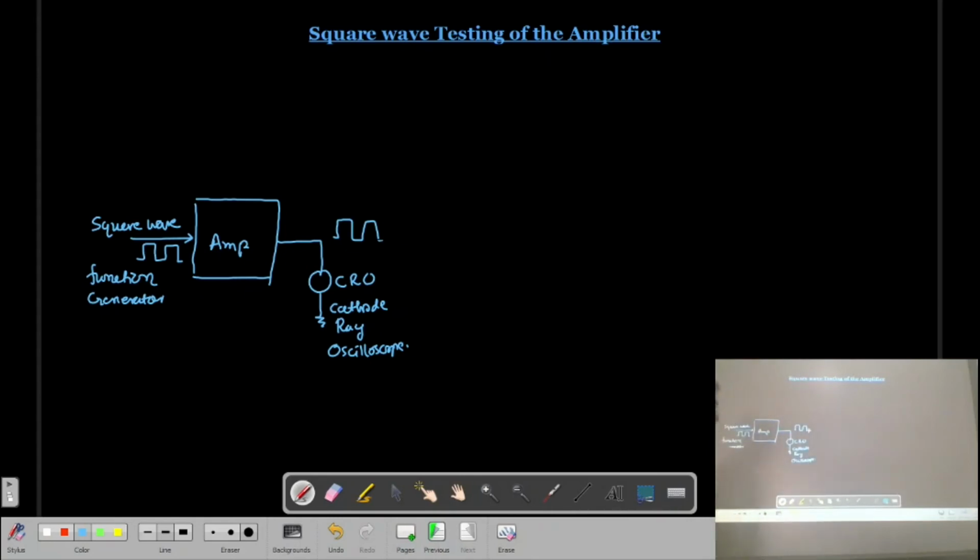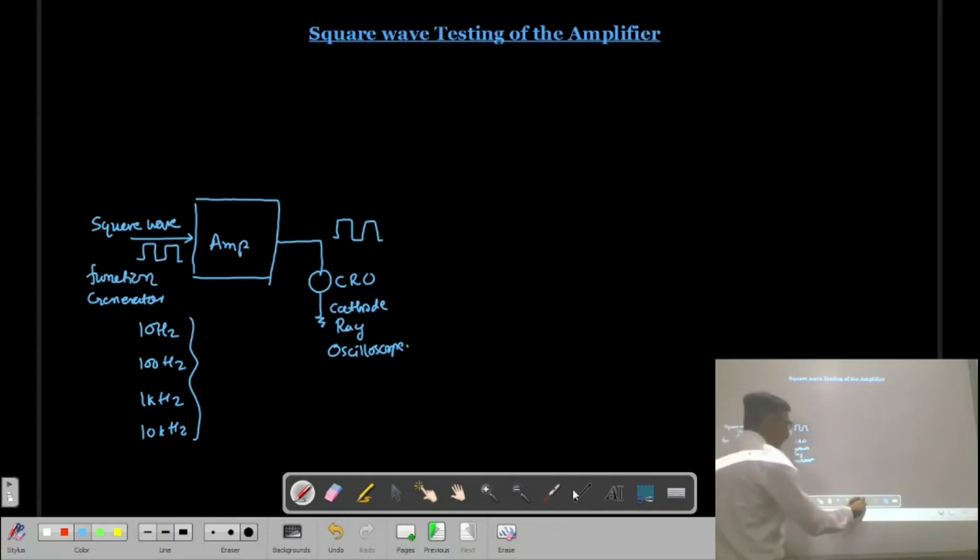So remember, whatever square wave you apply, first apply a square wave of 100 hertz. Then apply 1 kilohertz, 10 kilohertz, like this, and see the shape of the signal.